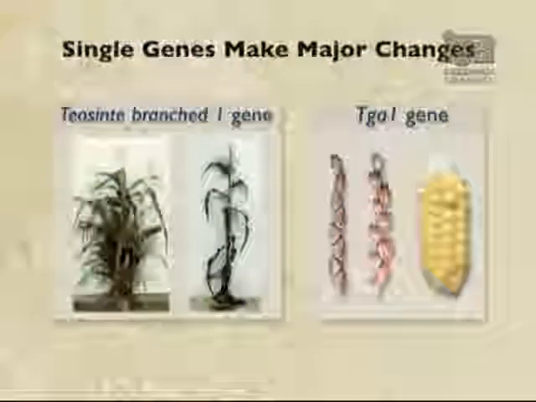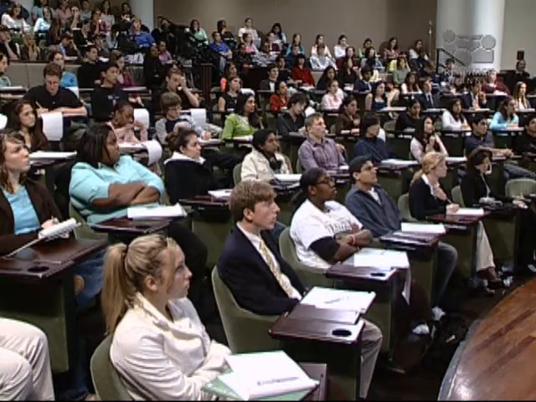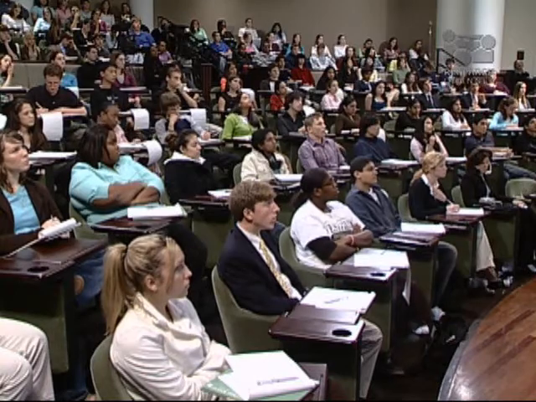If you introduce the maize version of the TGA1 gene into teosinte, those stony fruit cases begin to open up, soften up, you get rid of the stony covering, and you begin to turn the kernels inside out in exactly the way that breeders needed to produce the exposed kernels on an ear of corn. Okay, so I think that's a great example of how by selecting for genetic alterations, you can completely transform the architecture of a plant.